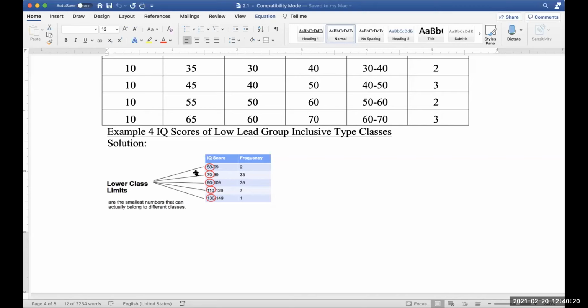In general, your class boundaries will end with a 5 and have one more place value than your data. So the midpoint between 89 and 90 is 89.5. So your upper class boundary for this class is 89.5.